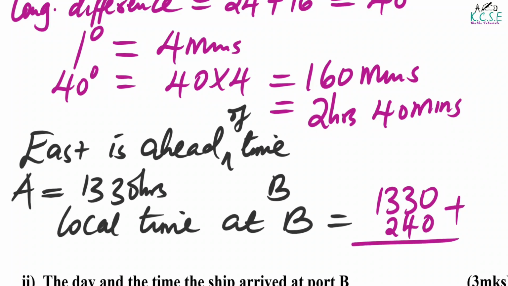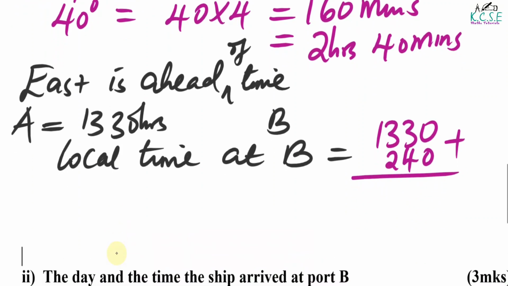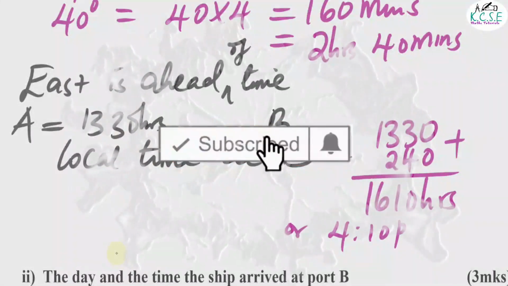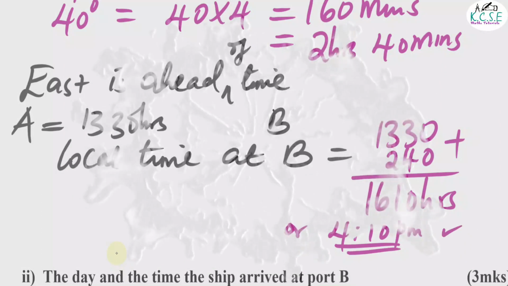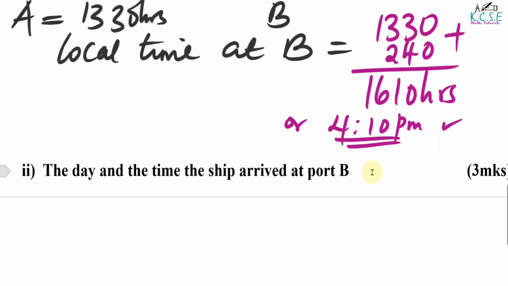And this gives 16:10 hours. Since B is ahead of time, that is why we are adding 2 hours 40 minutes. That is the longitude time difference between A and B. Or this can be 4:10 p.m. So that is the local time. We go to part 2 of the question.